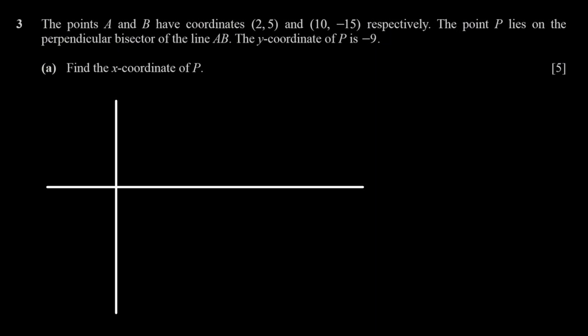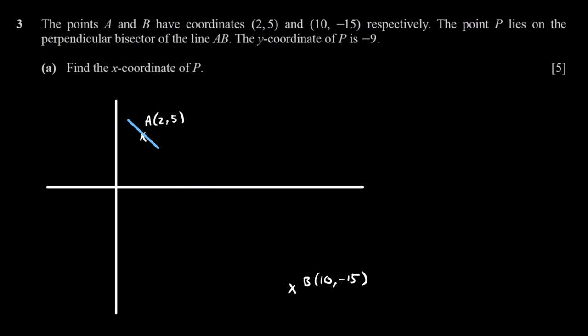So let me try to do that like this. Okay, so let's say that we've got the coordinate of A here, 2, 5. So A is the coordinate 2, 5. And we've got B is the coordinate 10, negative 15. So I don't know, maybe we draw that like that. So B is 10, negative 15. Okay, well, we want to draw the perpendicular bisector of AB. Well, probably the best thing then to do is to actually draw the line AB.